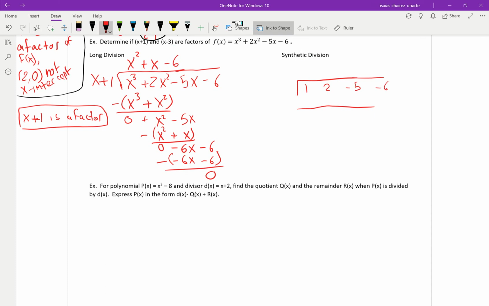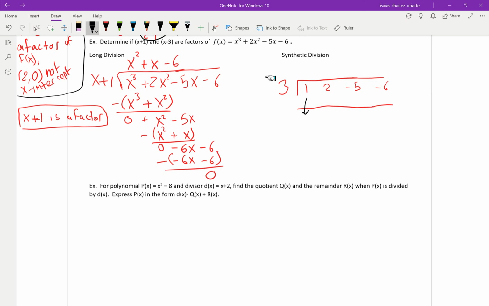Those are the coefficients of my dividend. And now I am going to test x minus 3. I want to know if x minus 3 is a factor. So the divisor goes outside, and we have to change the sign, so my divisor is just 3. Alright, let me carry out this synthetic division.